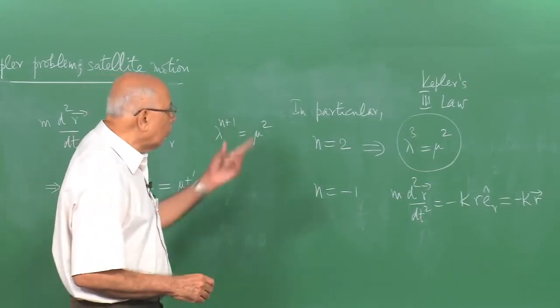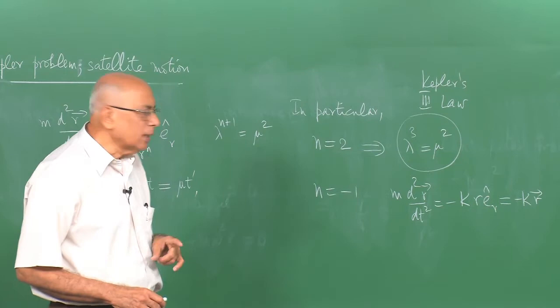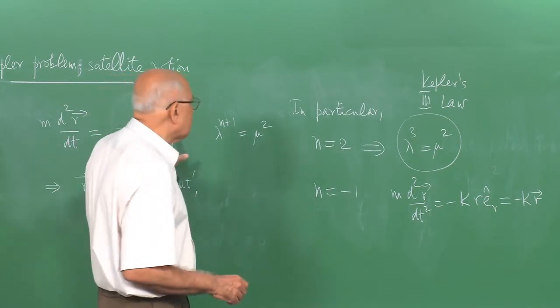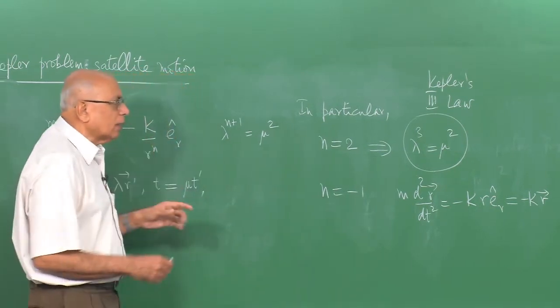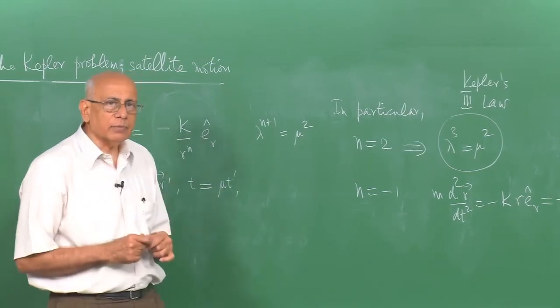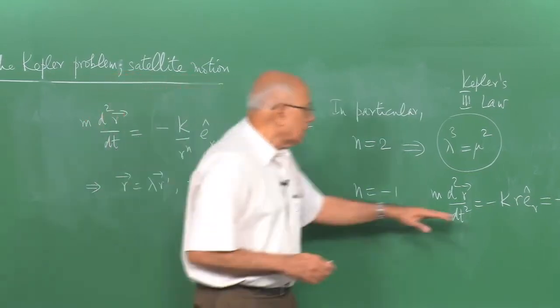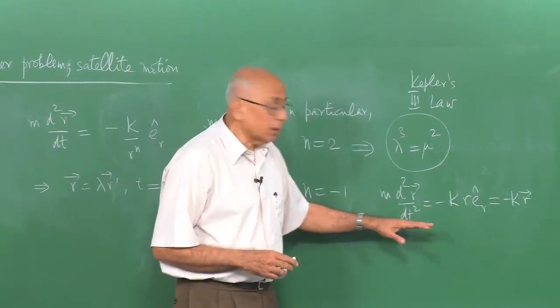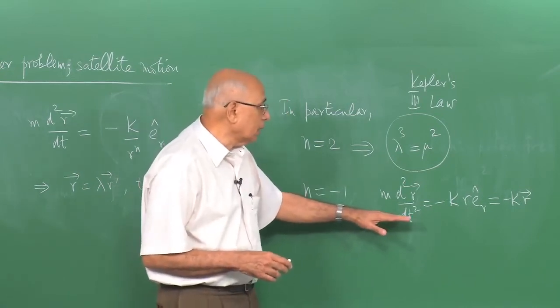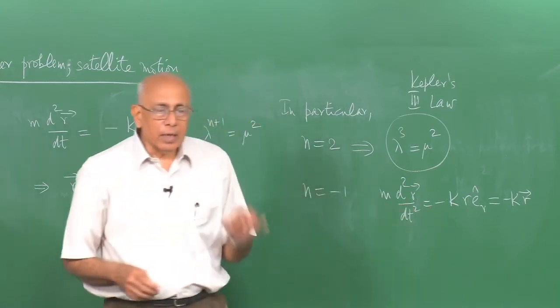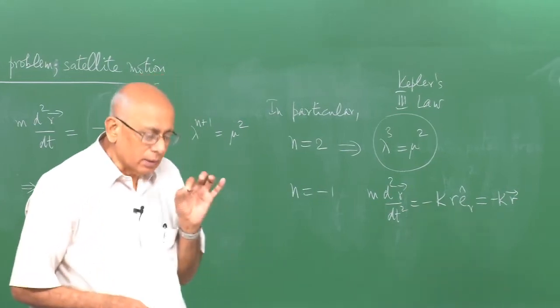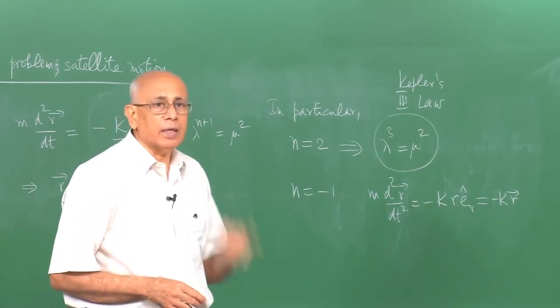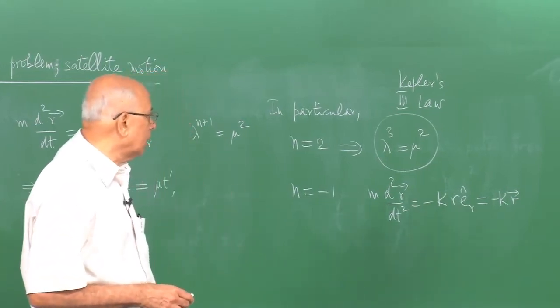In both cases you have elliptic orbits. In this case, Kepler's first law tells you that the center of attraction is at one of the foci of the ellipse, but in this case there's no first Kepler's law as such; it tells you that the center of attraction is at the center of the ellipse rather than one of the foci.